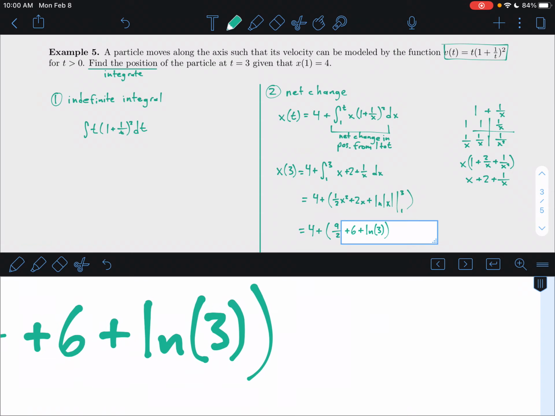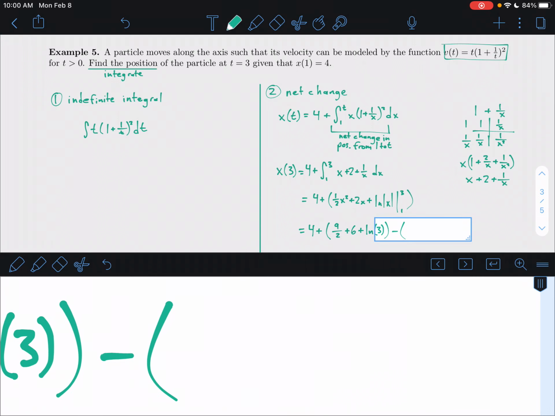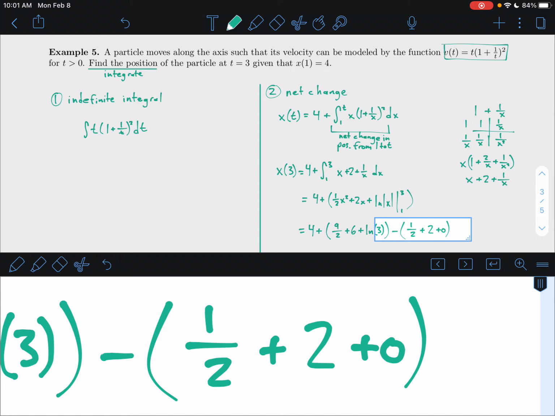Then minus, and I'll do parentheses, plug in 1. So 1 squared is 1 times 1/2 is 1/2. Plus 2 times 1 is 2. Plus the natural log of 1. Well, the natural log of 1 is 0. So I'll just say plus 0, even though I don't need to.